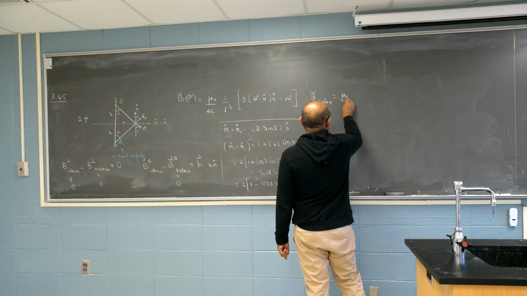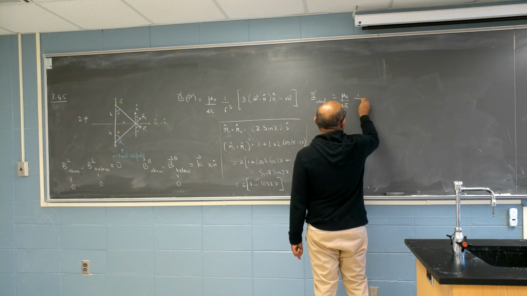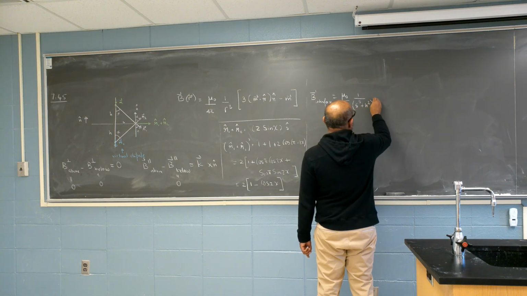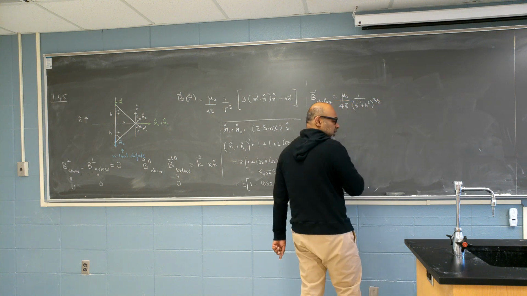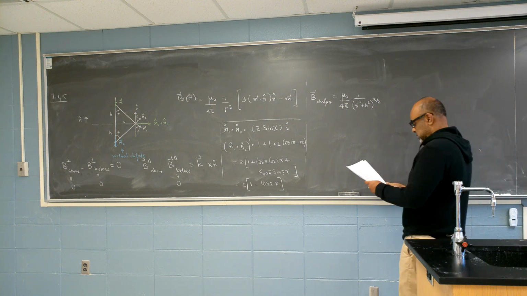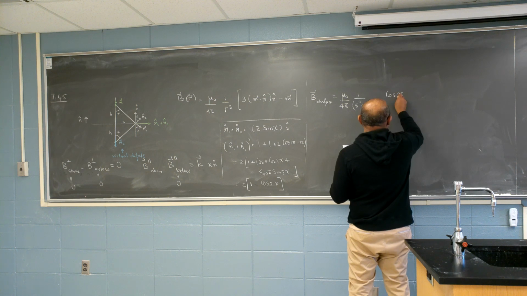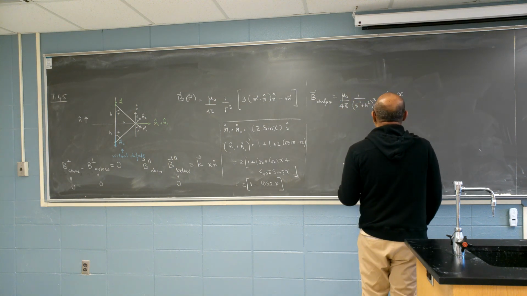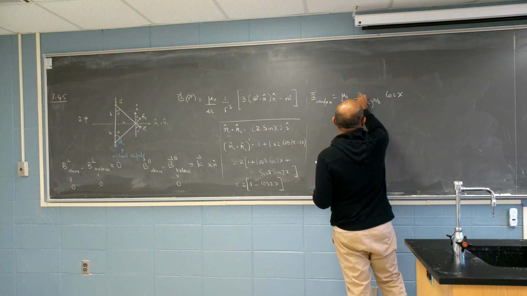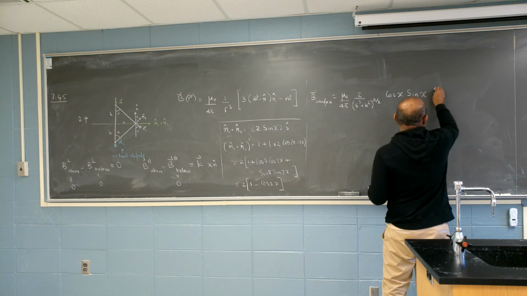Mu 0 over 4 pi, 1 over s squared plus h squared to the 3 halves, cosine chi times 2 sine chi s hat.